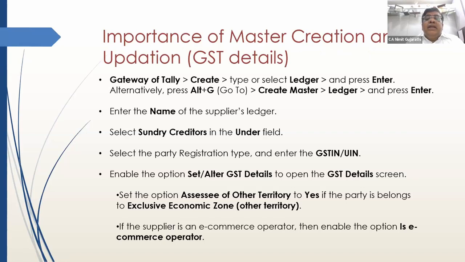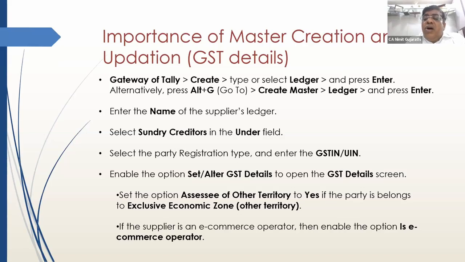Now, in this master creation, name of the supplier, sundry creditors, GST, and everything is good. You need to understand the third part, that is the party registration type. This is a very important field for the purpose of GST reporting, especially clause 44 of tax audit.